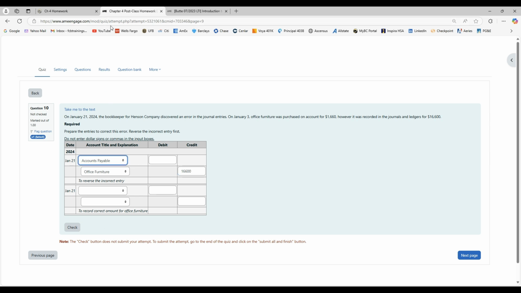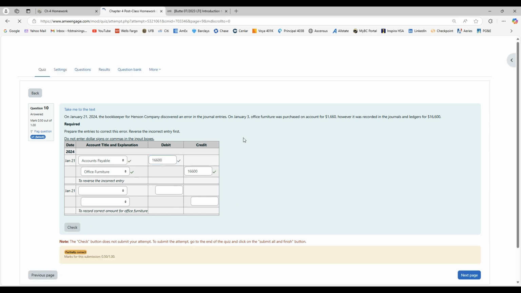We're going to debit our accounts payable for the same amount. The original entry would have been to debit the furniture and credit the accounts payable for this incorrect amount. So we're just flipping that: credit the office furniture, debit the accounts payable, reverse it.